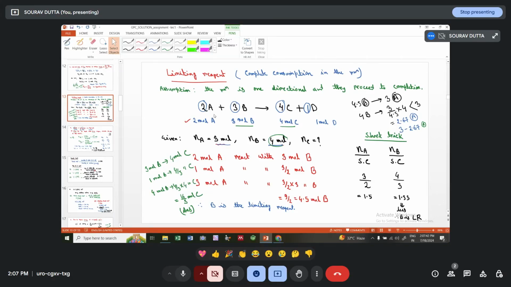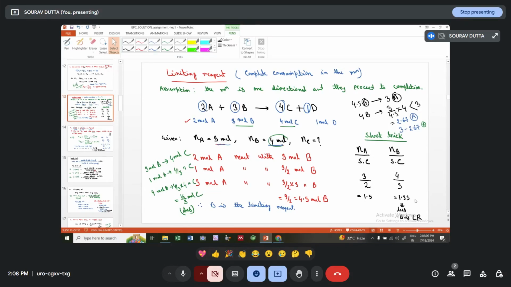According to our question, 3 moles of A is given, so 3 divided by the stoichiometric coefficient of A, which is 2. So 3 divided by 2, this value is 1.5. And in case of B, the number of moles 4 is given, divided by the stoichiometric coefficient, which in this equation is 3, so 4 by 3, and this value is 1.33.